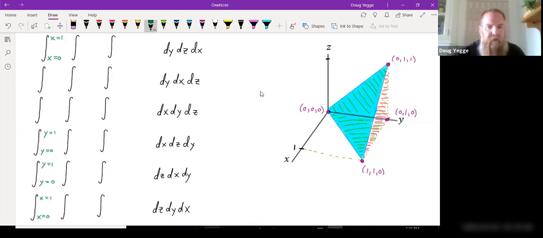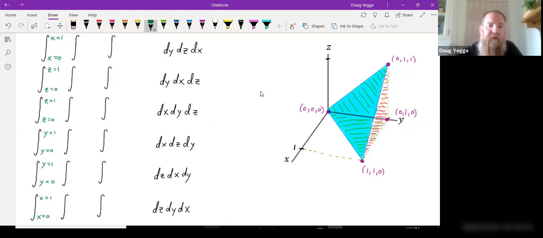And finally, because both of these are in terms of z at the very end, we see that these are going to extend from z equals 0 to z equals 1. And so typically the values in the last integral are going to be relatively simple based off of your figure or based off of your diagram to be able to figure out what those constant values are going to be.